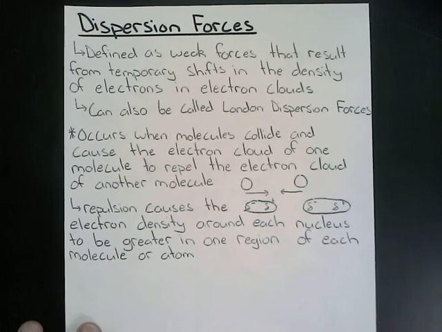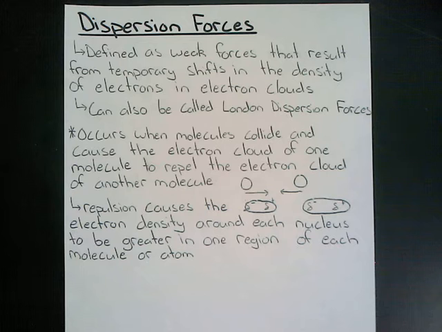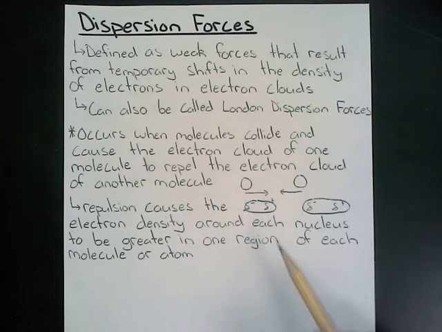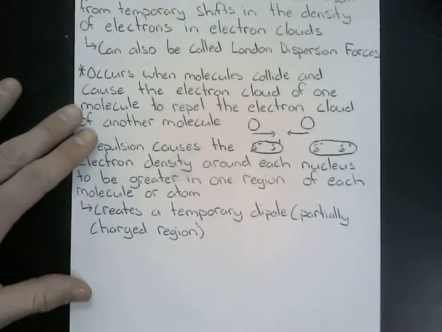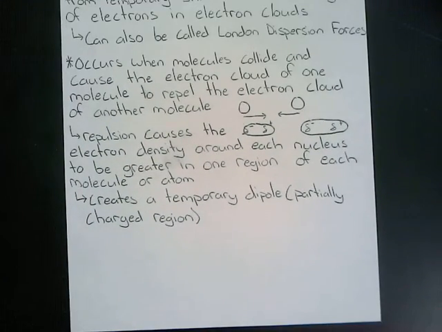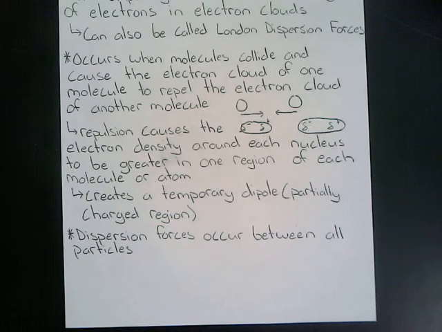Now, this repulsion creates a temporary dipole, which is an area of partially positive or negatively charged region. It's important to know that these dispersion forces occur between all particles. And they only become a significant force when there are no other forces of attraction between molecules.